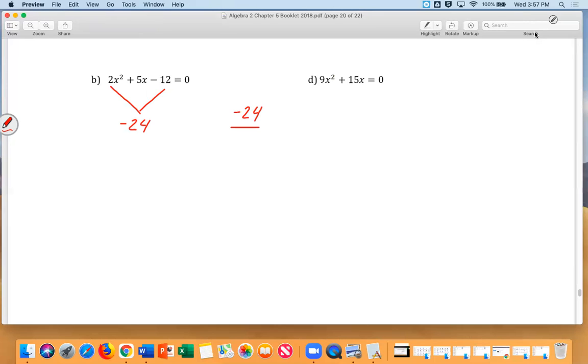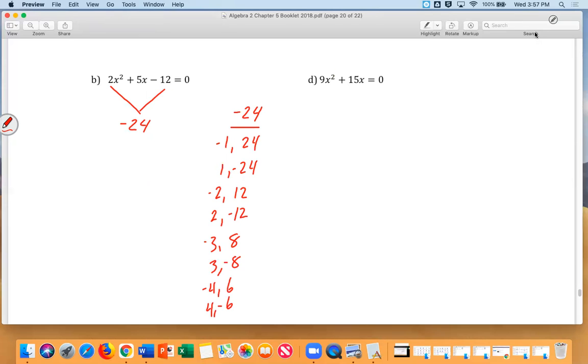Okay, so we have negative 1 and 24, 1 and negative 24. We have negative 2 and 12. We have 2 and negative 12. We have negative 3 and 8. Then we have 3 and negative 8. We have negative 4 and 6, and 4 and negative 6.